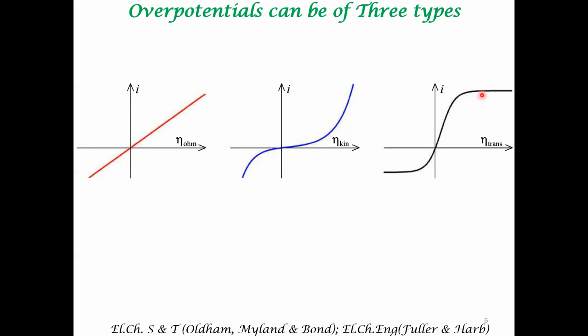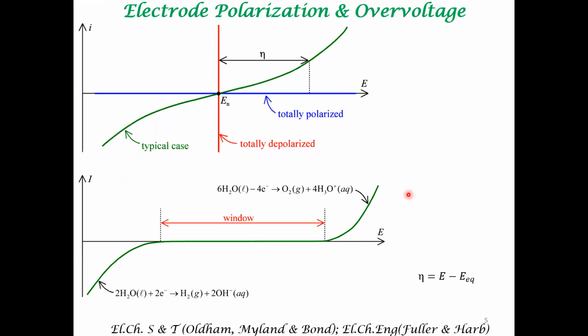There is another behavior which is observed here. When the overpotential increases, mind you, overpotential is defined in this manner. When you want to increase the overpotential, you have to change the electrode potential. That is the only way you can change the overpotential.